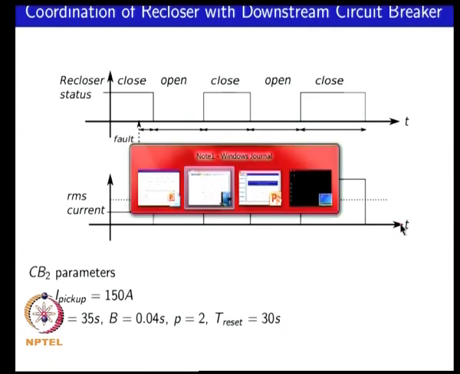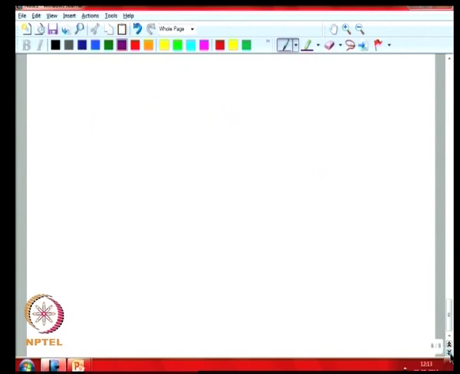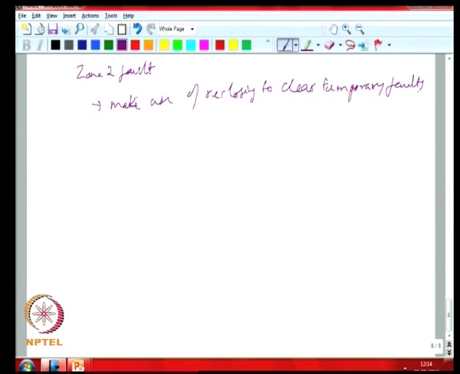So, if you look at zone 2 fault, what your objective is, make use of reclosing to clear temporary faults, and recloser.